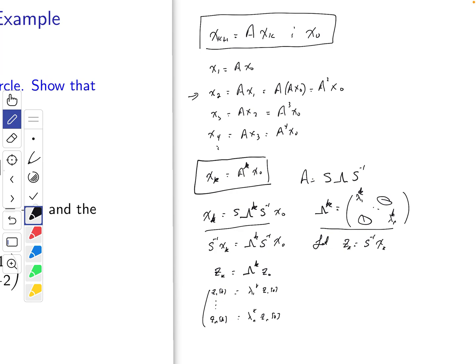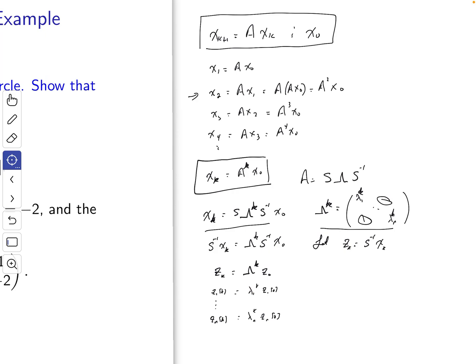So again, each of these z's is a mode of the system, and instead of e to the eigenvalue times t, it's given by the eigenvalue raised to the k. Notice these things will decay if lambda is inside the unit circle, or grow if lambda is outside the unit circle.